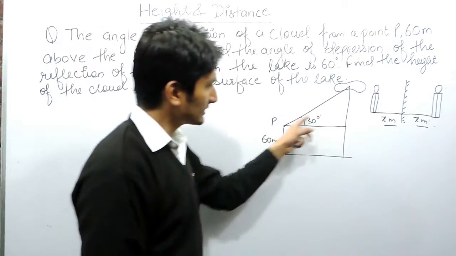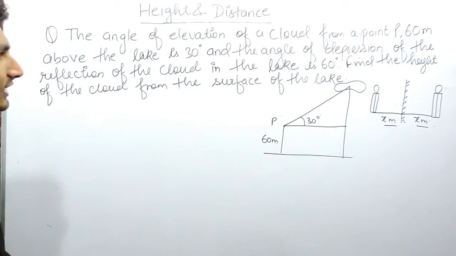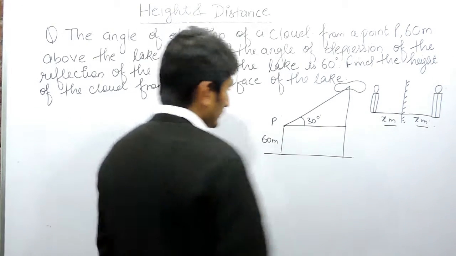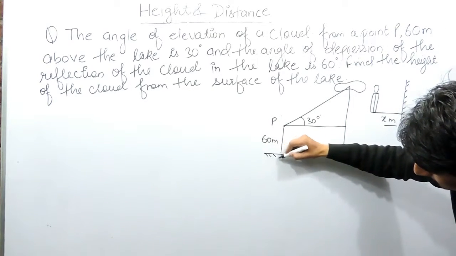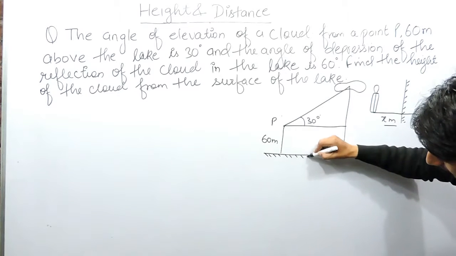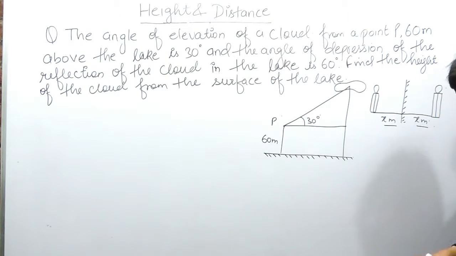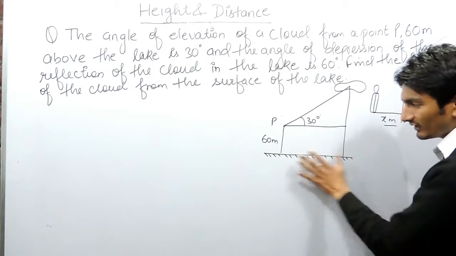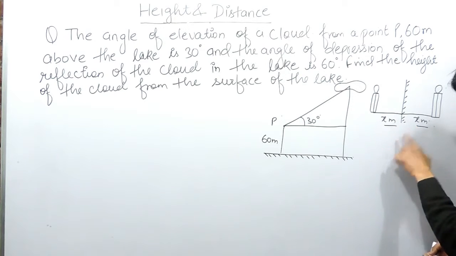So this is the first case, and similarly, the angle of depression of the reflection of the cloud. This is important. This surface, the base of the lake, will act as a plane mirror.